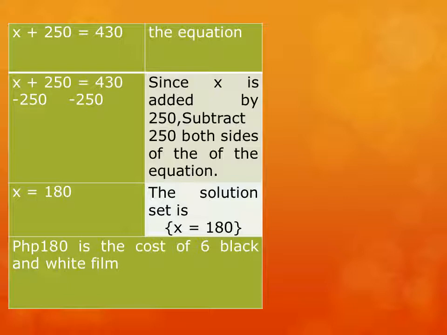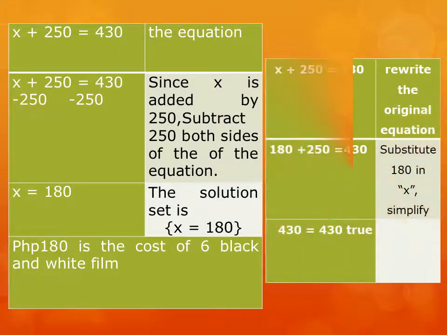So how can we be sure that 180 is really the price of the 6 black and white film? We are going to check. First, rewrite the original equation: x plus 250 is equal to 430. Now, substitute 180 for the value of x.